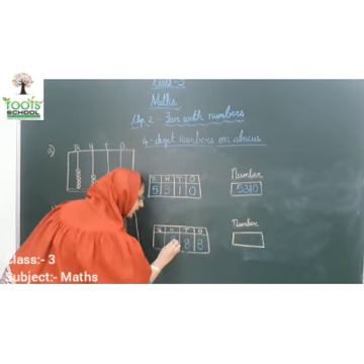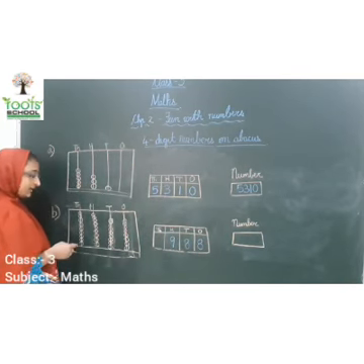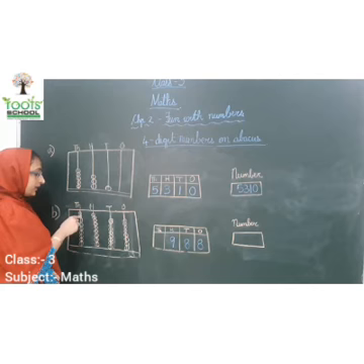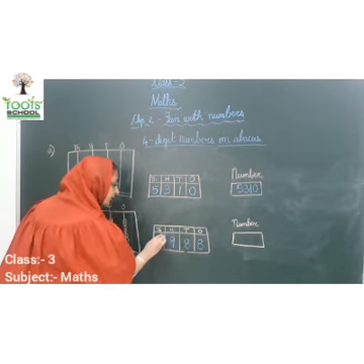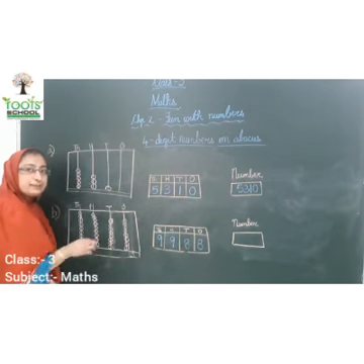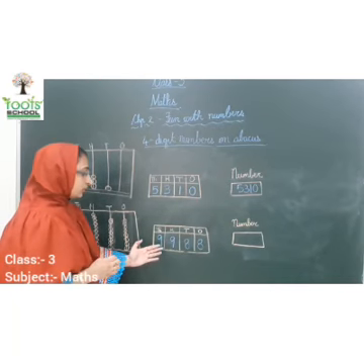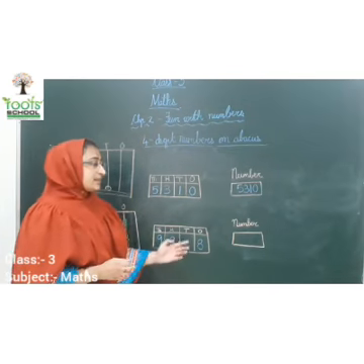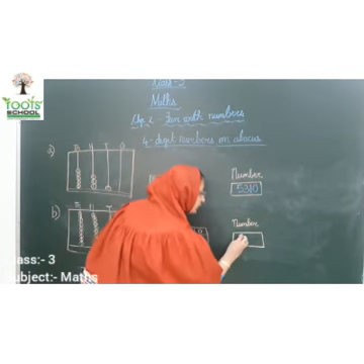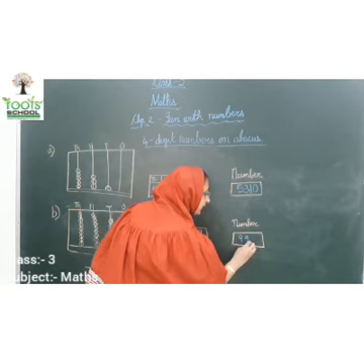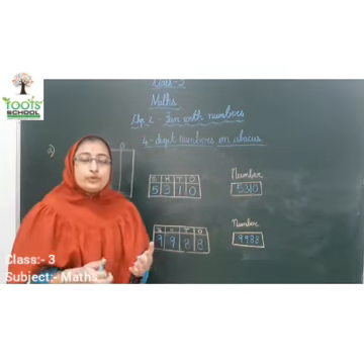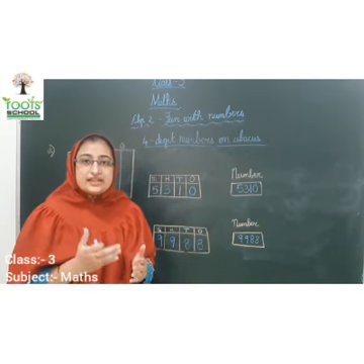So here you are going to write number 9. Now at the place of 1000, 1, 2, 3, 4, 5, 6, 7, 8, 9. So kids, after counting the beads at the place value, this is what we have got, the digits 9,988. So what is the number you are going to write here? 9,988.